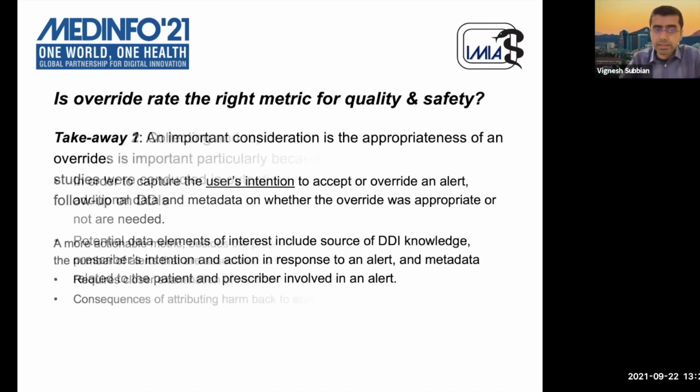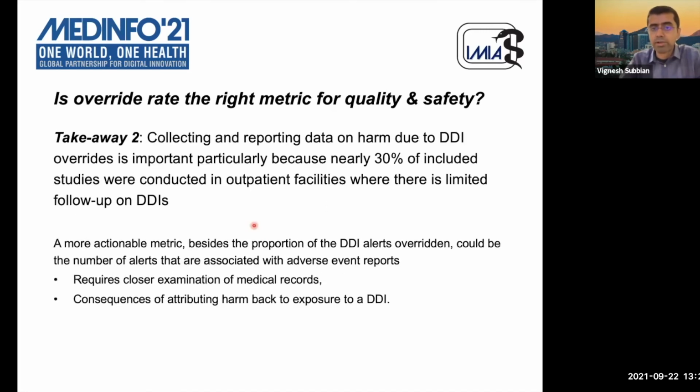The second key takeaway is that collecting and reporting data on harm due to drug-drug interaction overrides is important, particularly because our study showed that 30% of all of the included studies were conducted in outpatient facilities. And these are settings where there's very limited follow-up on drug-drug interactions in patients.